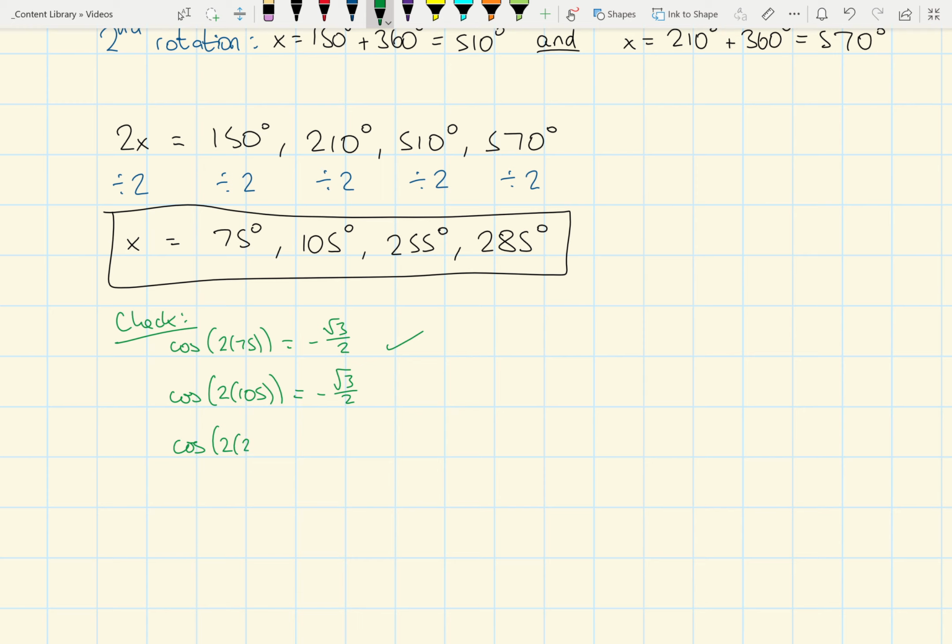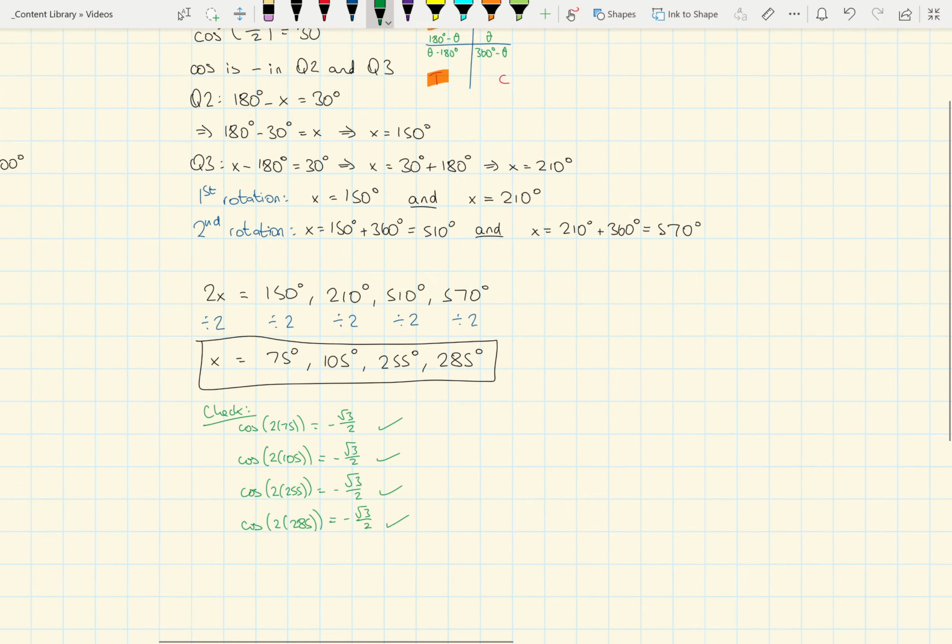Cos of 2 times 255, into your calculator, same answer. And our last one, cos of 2 times 285, again will give us minus root 3 over 2. So always a handy way to double check your answers.